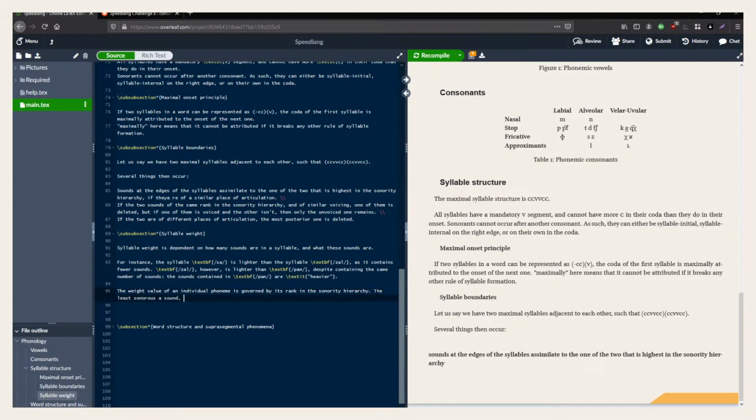The less sonorous a sound, the more value it adds.